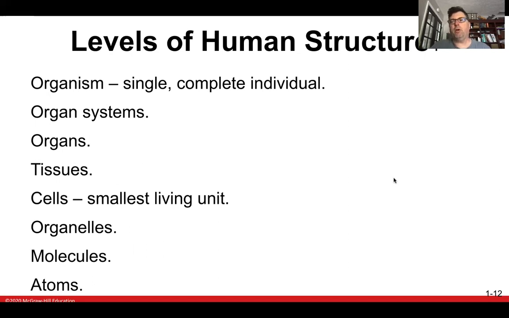Now, living things are organized into a hierarchy of different levels of organization. And so in anatomy, we're mostly going to be working with tissues, organs, organ systems, and organisms. But if you go all the way back, you get to atoms. Atoms are arranged into molecules.